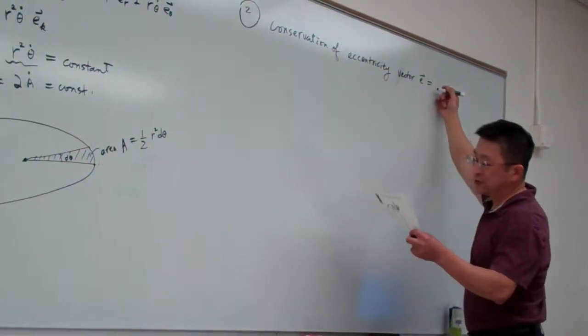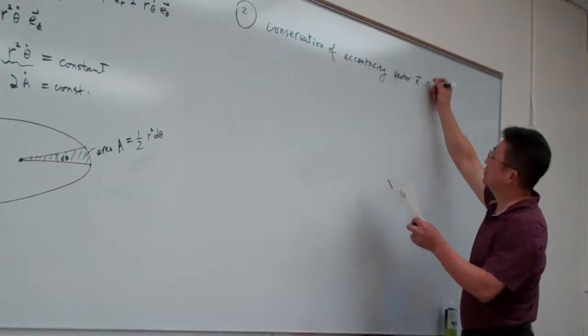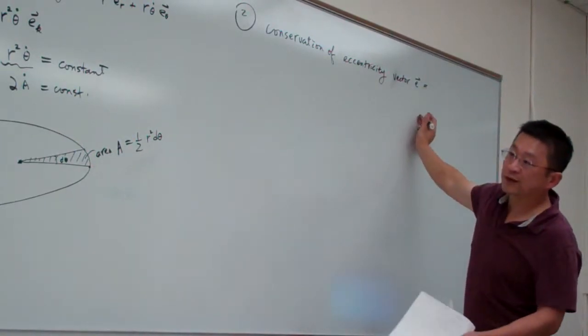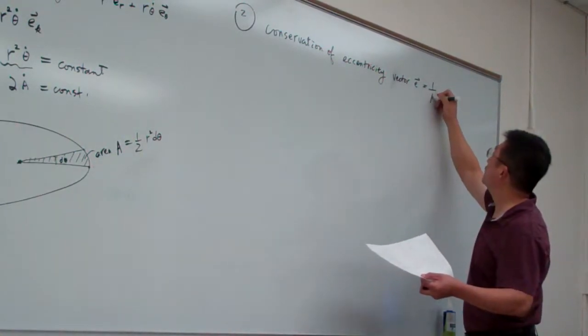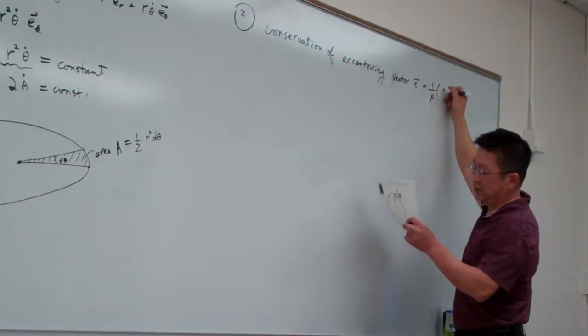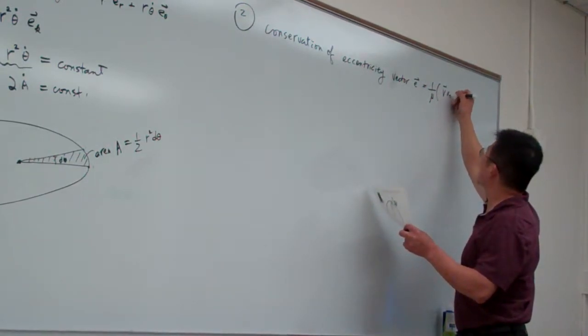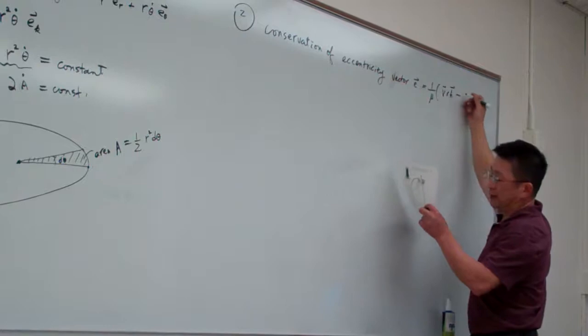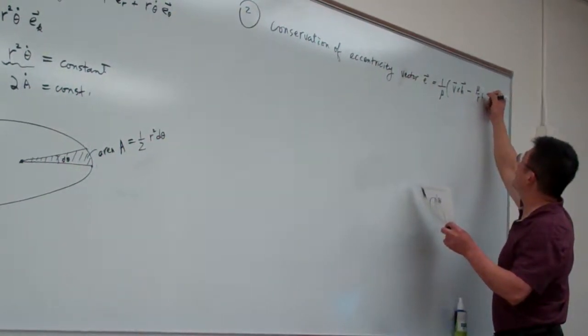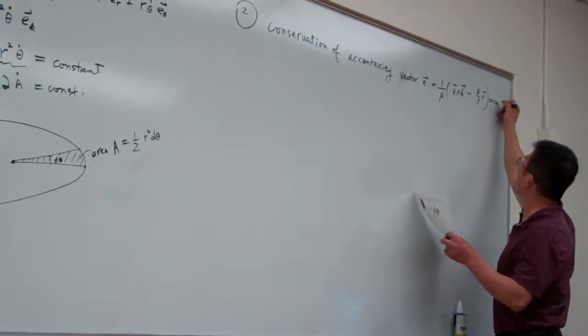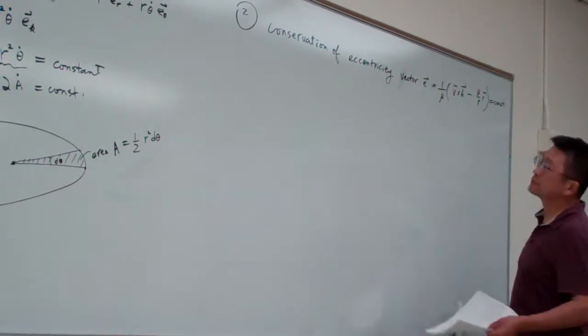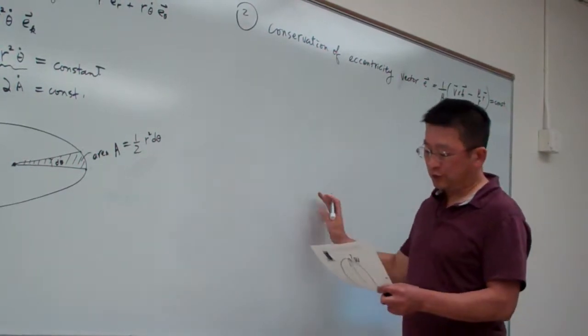And by definition, this one is equal to, let me rewrite there, 1 over mu, v cross h minus mu over r vector. That one should be constant. And here I want to show you how to do this.